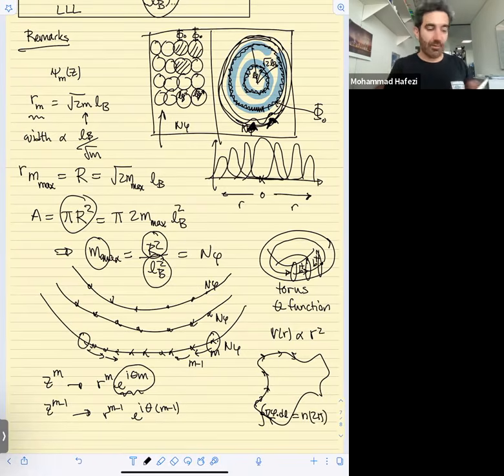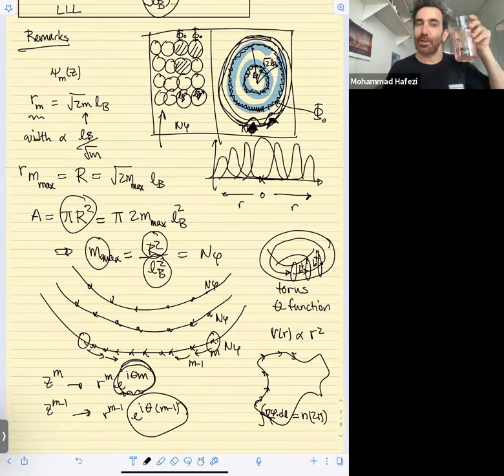So if I put my finger over here, the wave function would deform to accommodate that, and then it would remain. But if I push it further, then I may actually hop from this m to m minus 1. Is it now more clear since the beginning of the lecture?